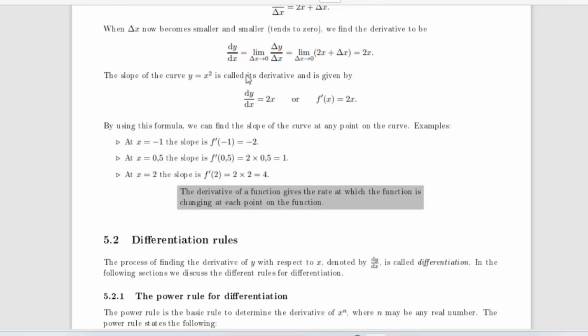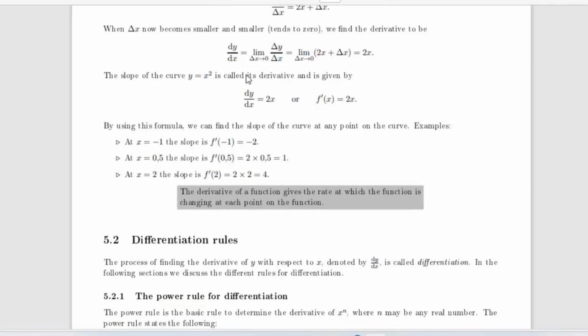Now, here they say that by using this formula, we can find the slope of the curve at any point on the curve. Examples: at x equals -1. This is what they are saying. The derivative of x squared is 2x.